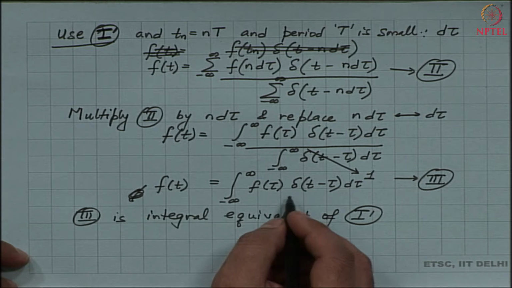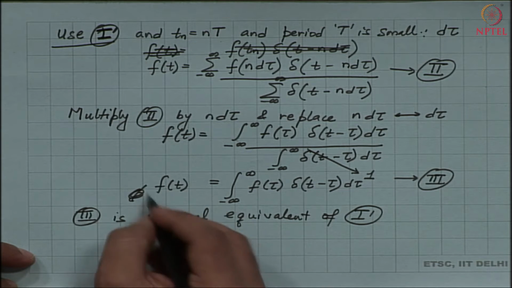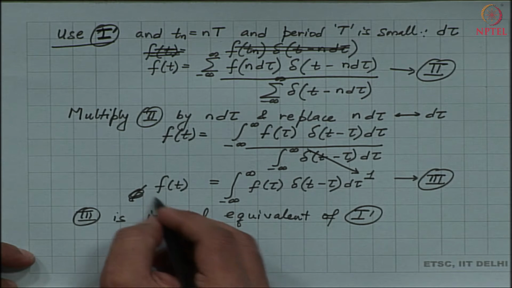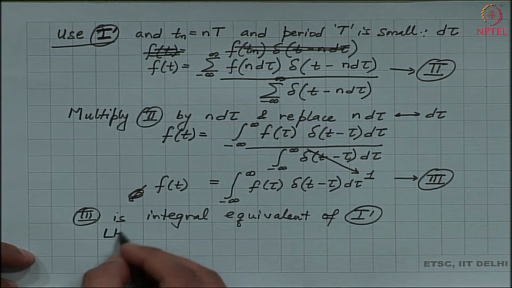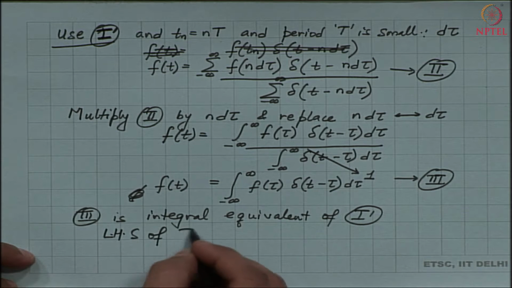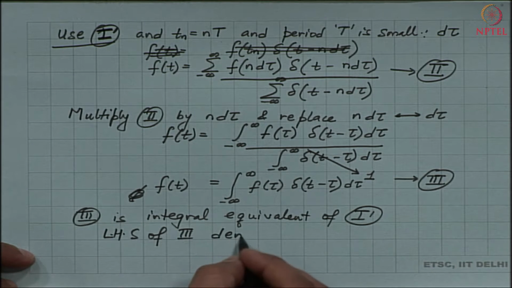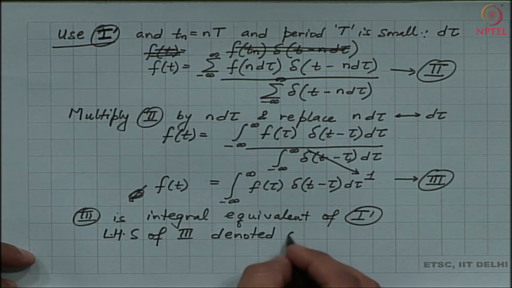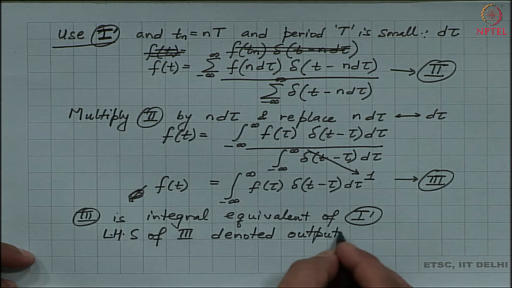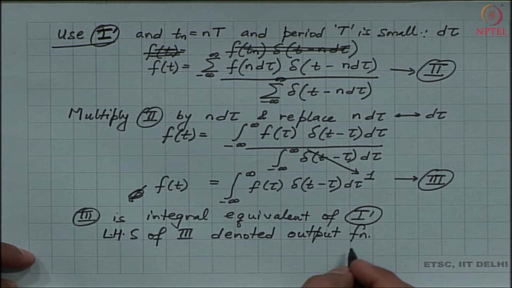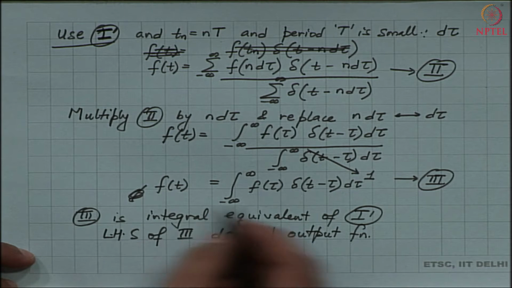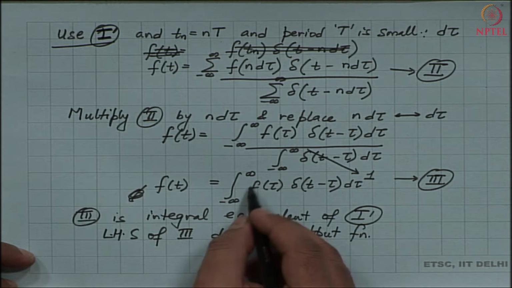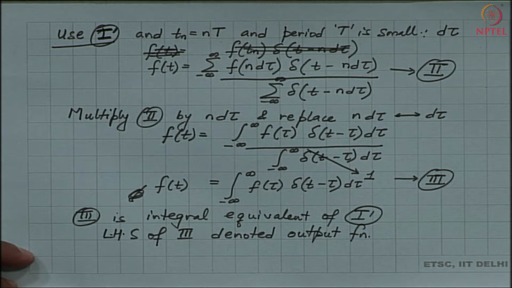if we look at 3 carefully, we see that if my left hand side can be denoted as my output function, let us say the LHS of 3, if I denote it by the output function, let us call it g of t, then the output function can be represented as this convolution of the input signal with this delta function.